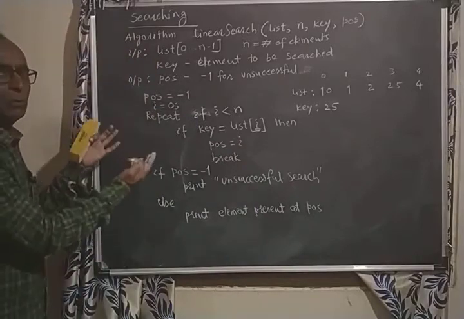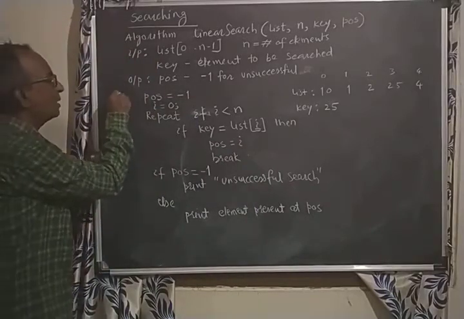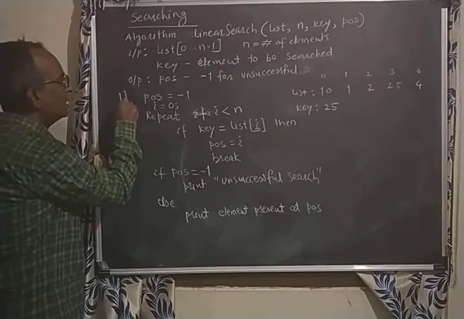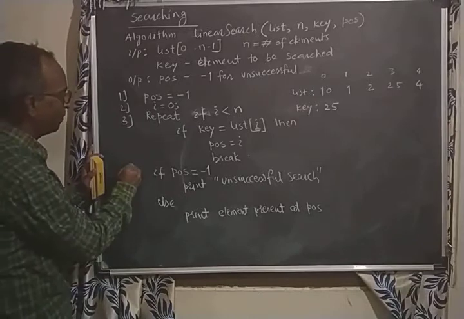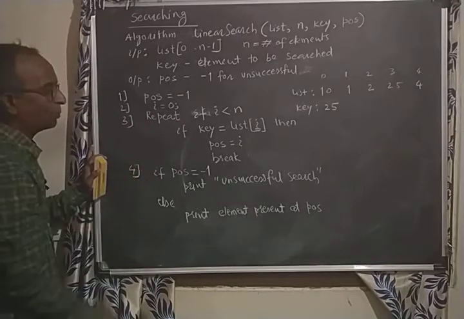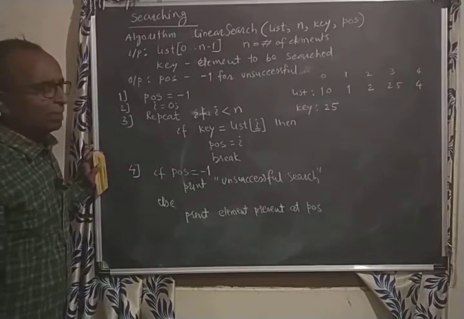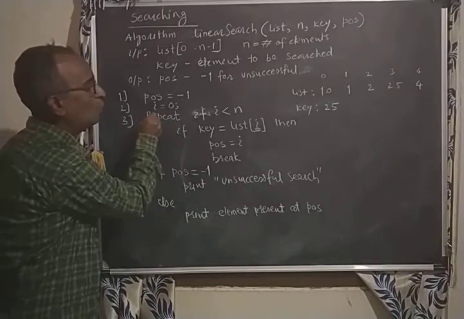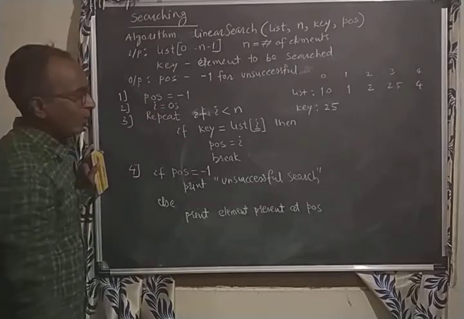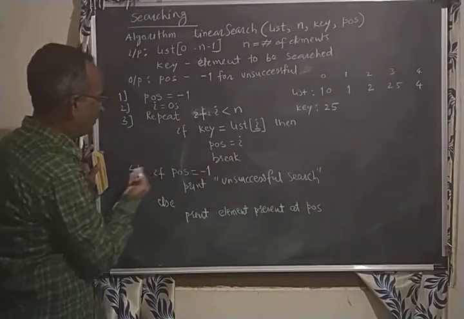So if you want to give step names, this is the first step, this initialization is the second step, this you may write as the third step, and if you write this as the fourth step, like this the algorithm can be developed. Break means it will come out of this loop always. Or you can say go to step 4 here.